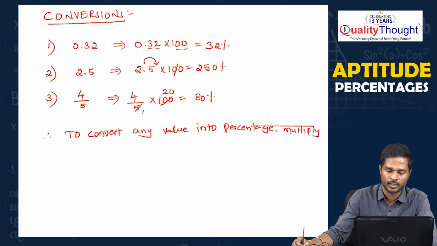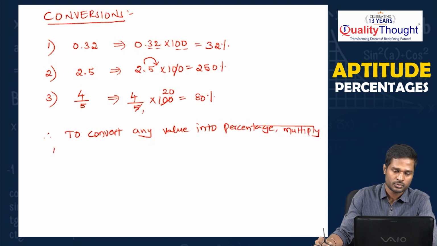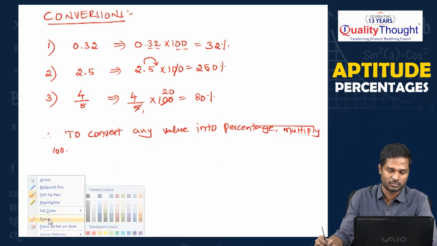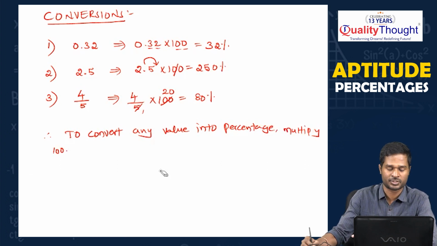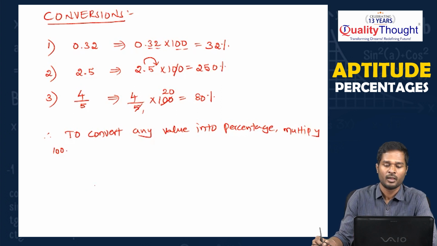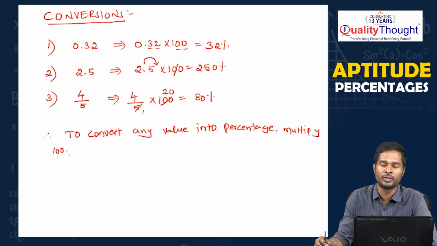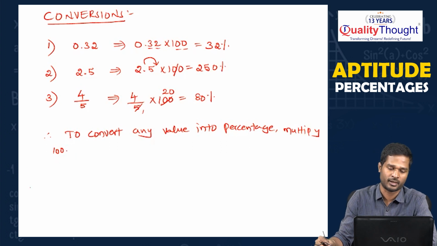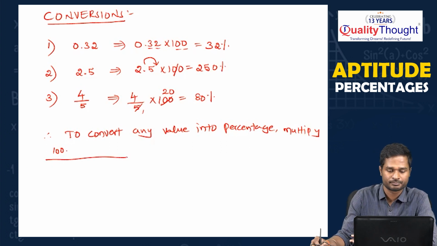Whenever there is a value like a decimal, a fraction, a natural number, or an integer, anything it may be, if you want to convert that value into percentage, just multiply with 100. This is the conversion.